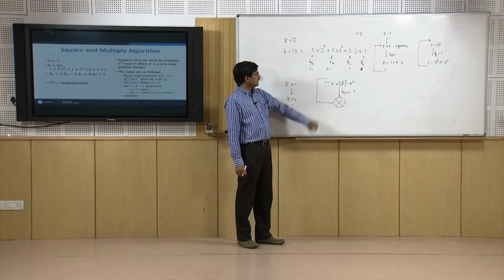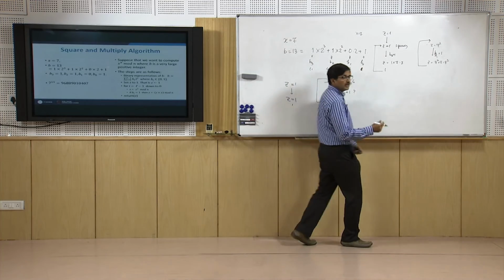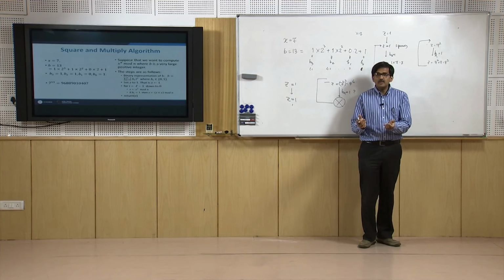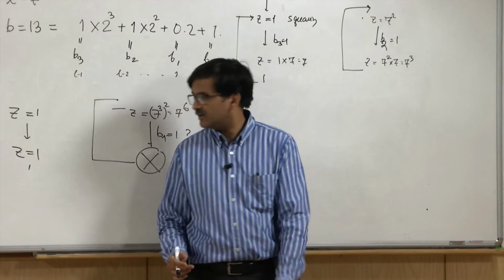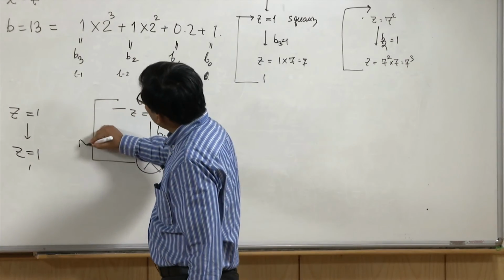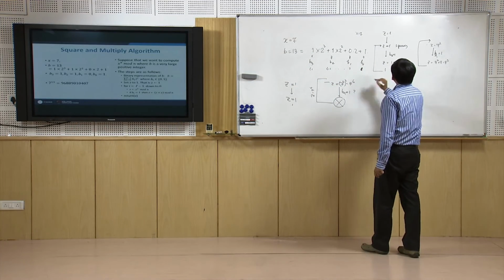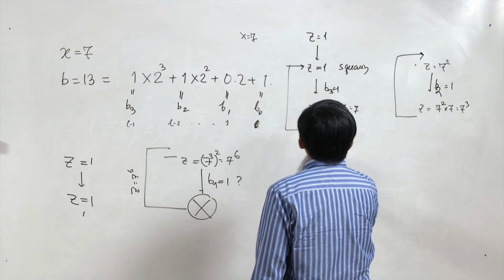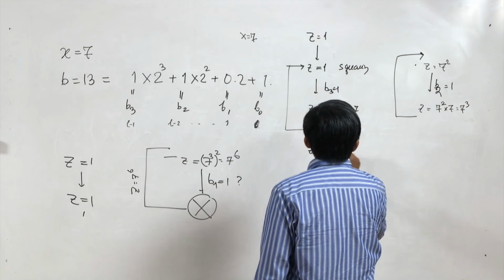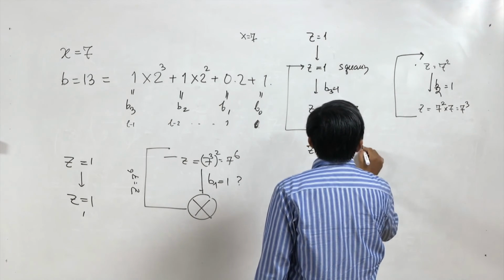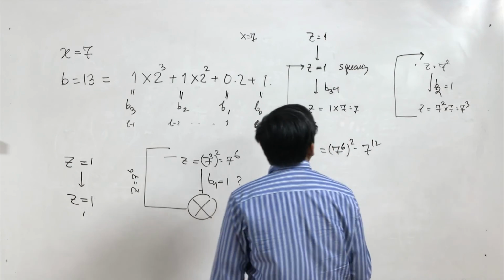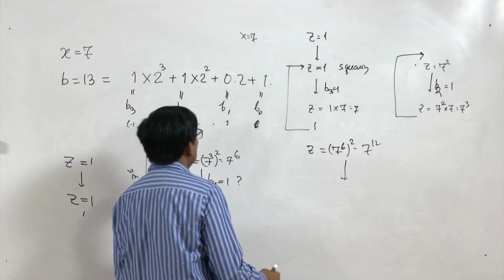Once I move back, I have 7 to the power 6 in my hand. I square again, 7 to the power 6 square is 7 to the power 12.